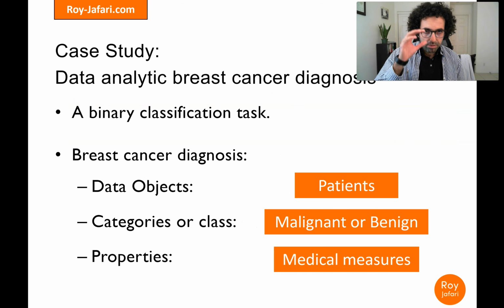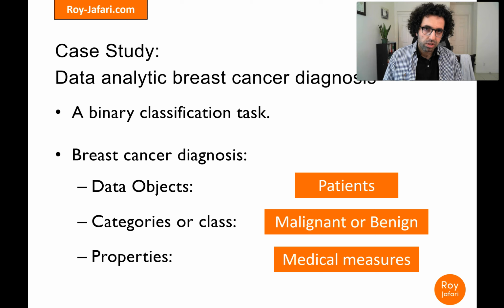Alright, so let's discuss this binary classification example. If we want to have a data analytics breast cancer diagnosis, we have to design and solve this task as a binary classification task.